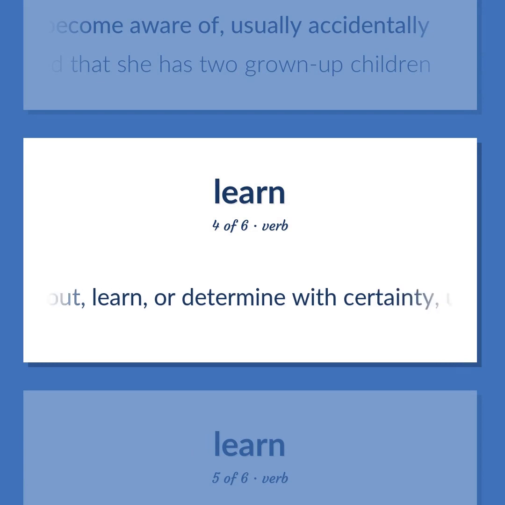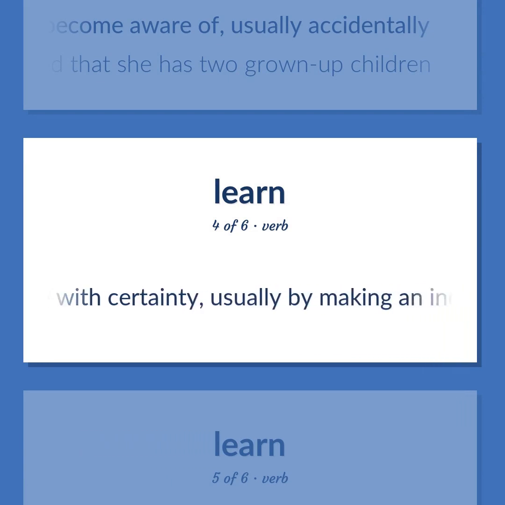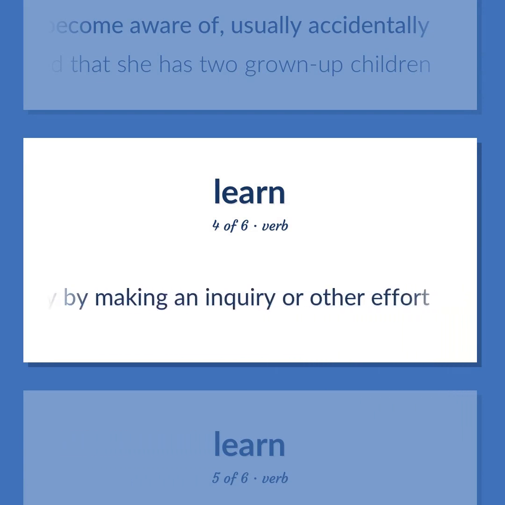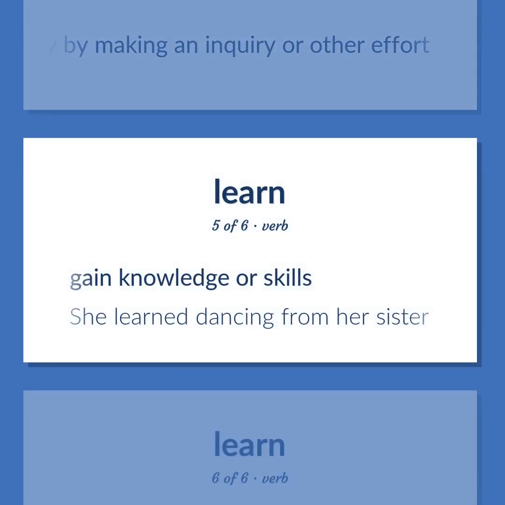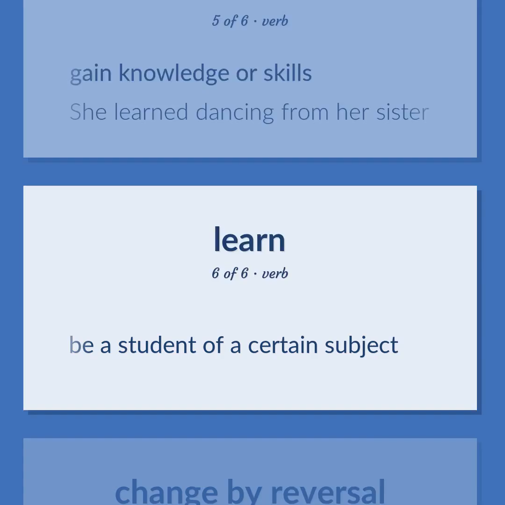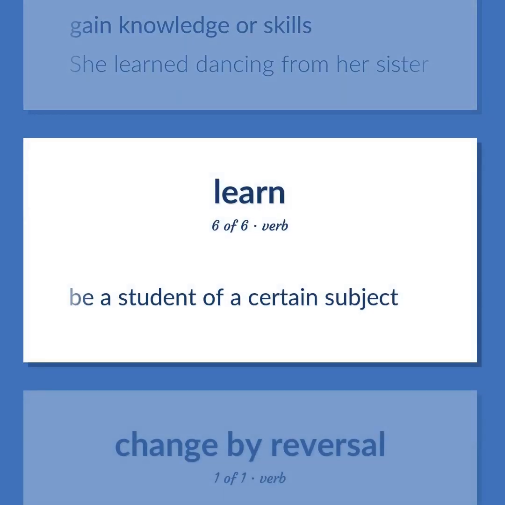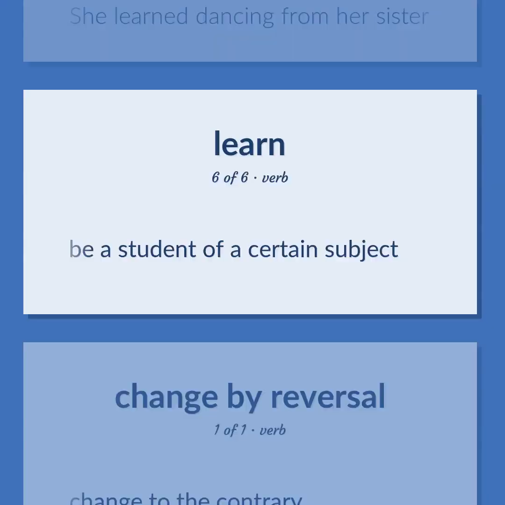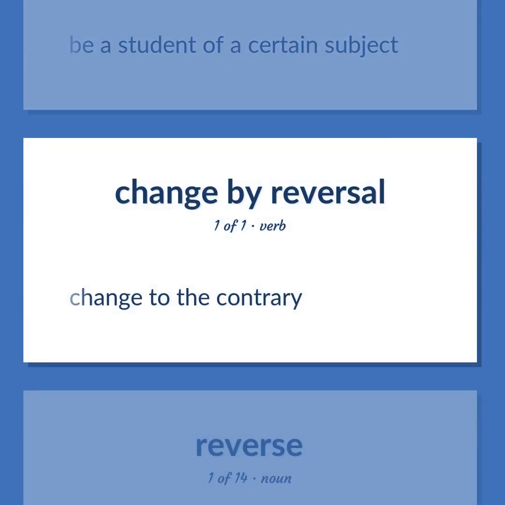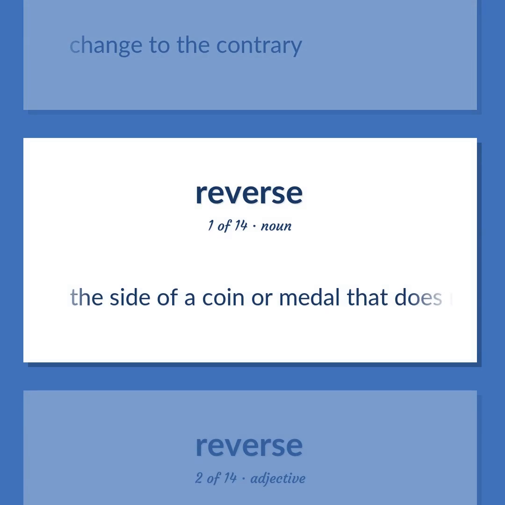Find out, learn, or determine with certainty, usually by making an inquiry or other effort. Gain knowledge or skills. She learned dancing from her sister. Be a student of a certain subject. Change to the contrary. The side of a coin or metal that does not bear the principal design.